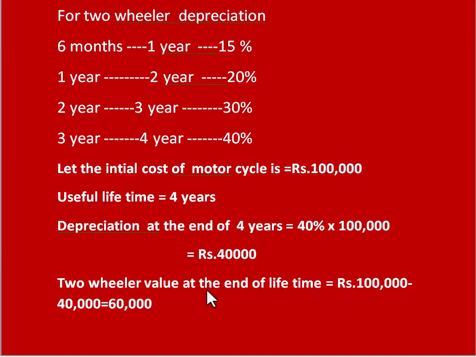So once the initial value minus the depreciation value is done, the value that is obtained is the two-wheeler value at the end of the lifetime, which in this case is 60,000.